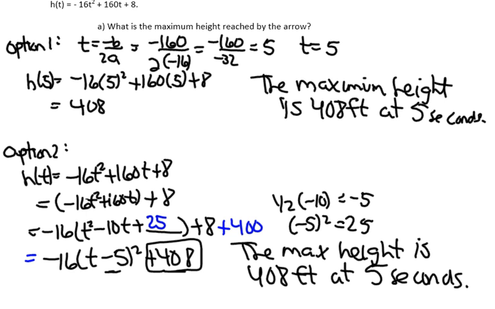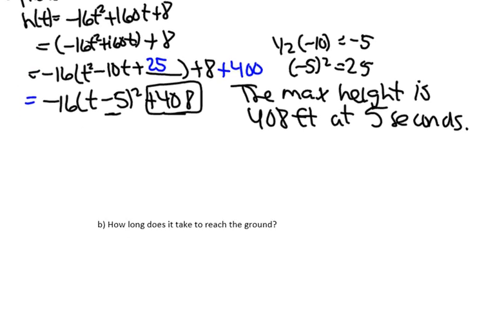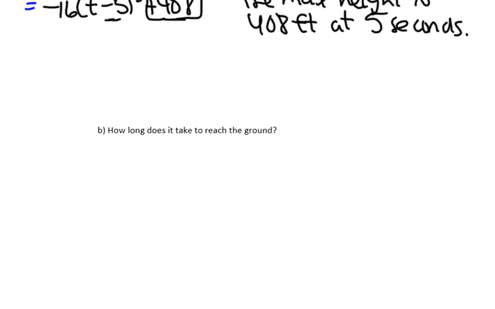Okay, part B then is asking us how long does it take to reach the ground? Well, if I have my particular equation, again, I'll rewrite this so we don't have to scroll back up. When it hits the ground, the height is 0. So I'm going to put in 0 for h of t.